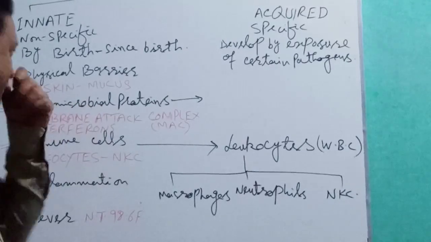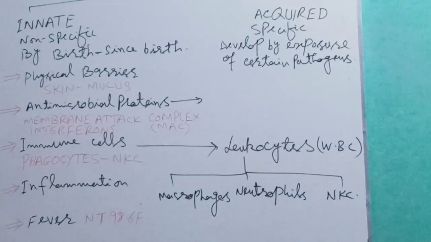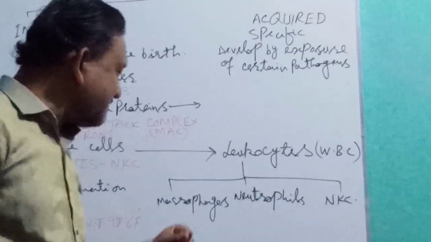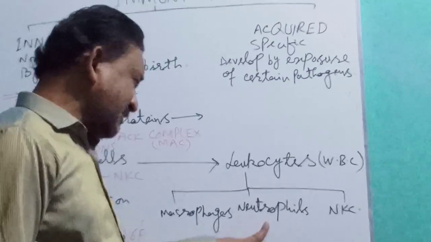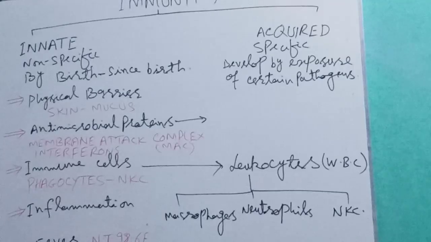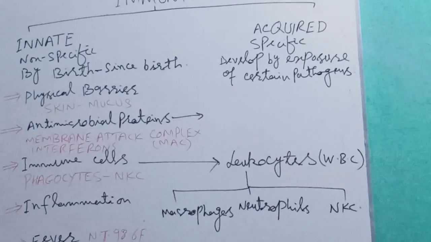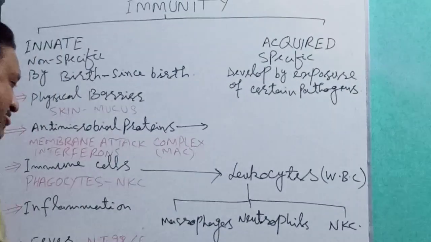The dendritic cells are also born from the stem cells. Neutrophils also originate from the stem cells, and natural killer cells are also born from the stem cells in the bone marrow.